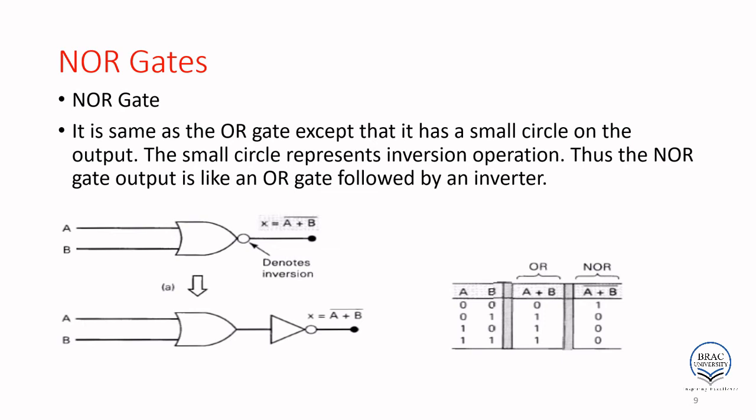If you invert this output, so 0 becomes 1 and all 1 becomes 0, then it will be the NOR gate. So the mathematical equation is A plus B, or A or B, for the OR gate, and for the NOR gate it is A plus B, the whole thing barred.